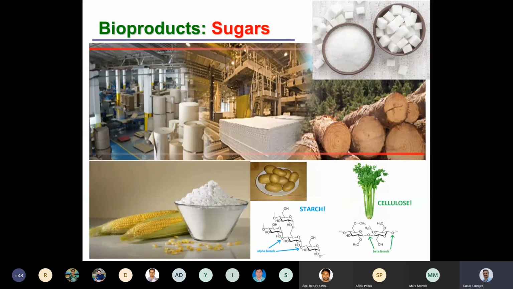vegetables. So the structure is very similar between starch and cellulose, just a little change in the position of this hydroxyl group.